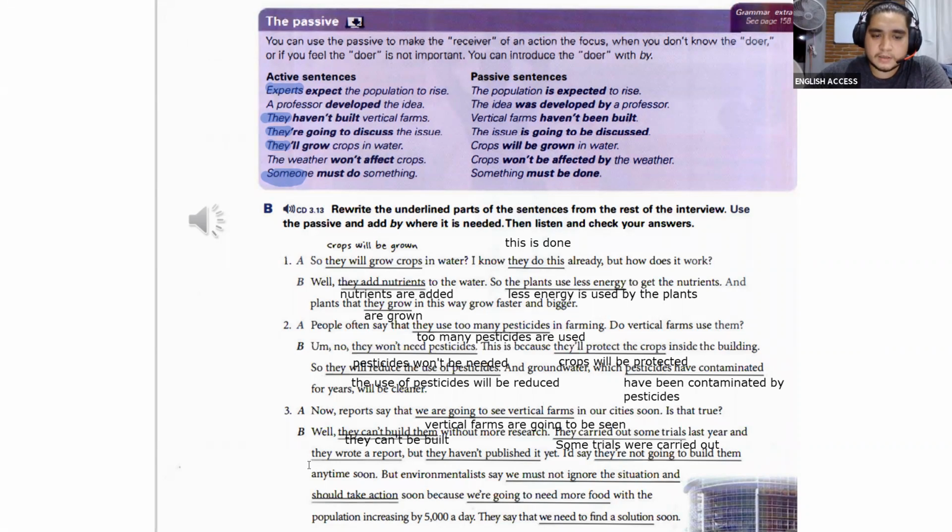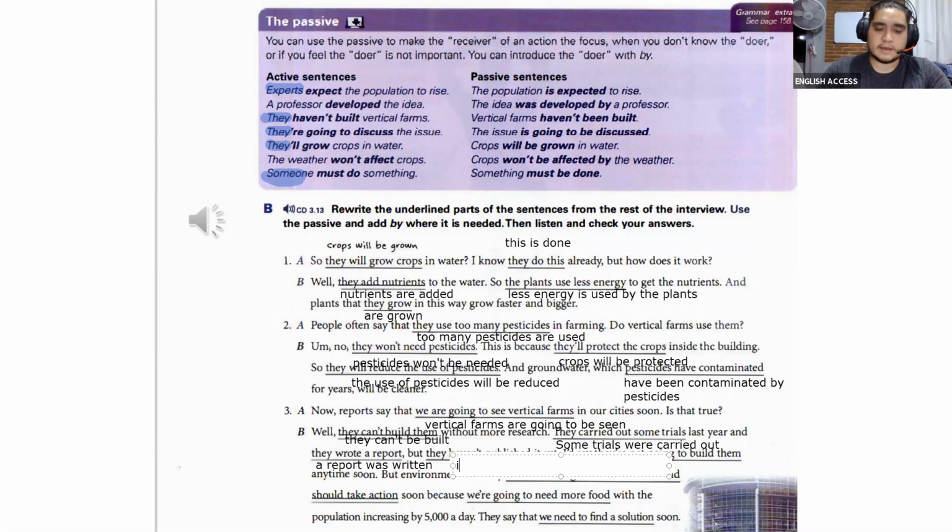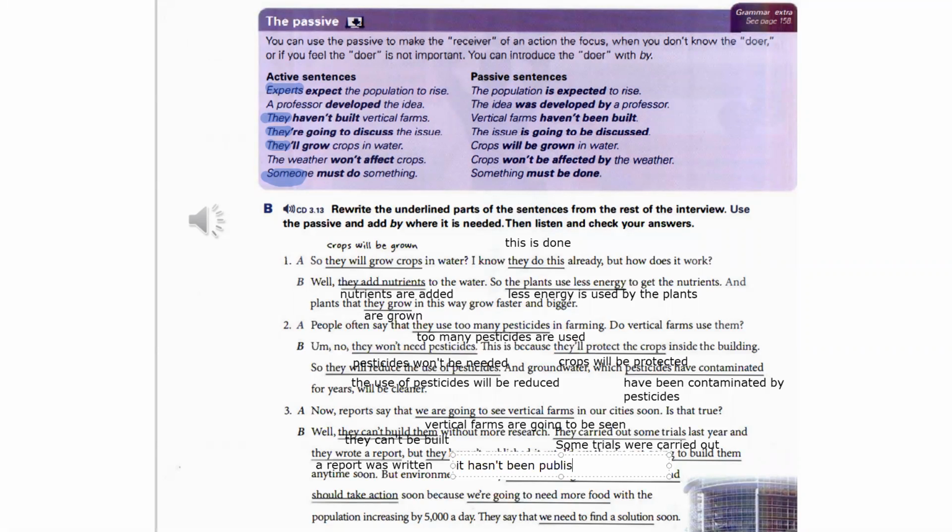A report was written, but they haven't published it yet. But it hasn't been published yet.